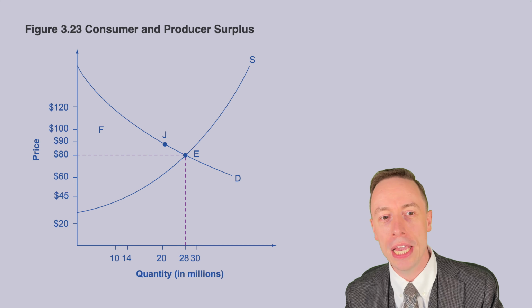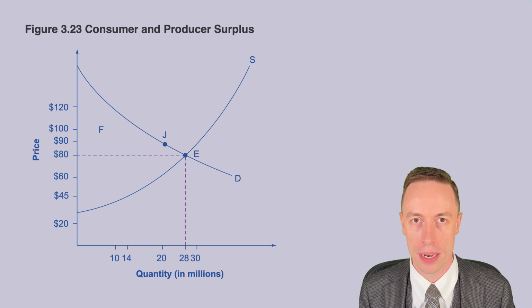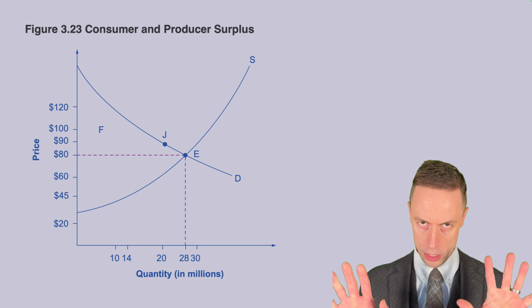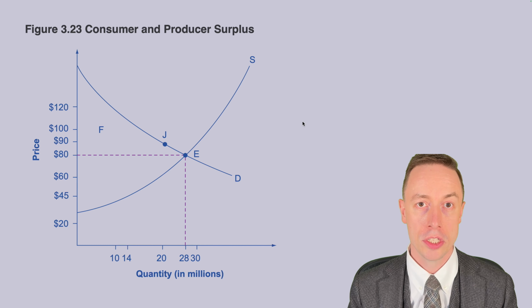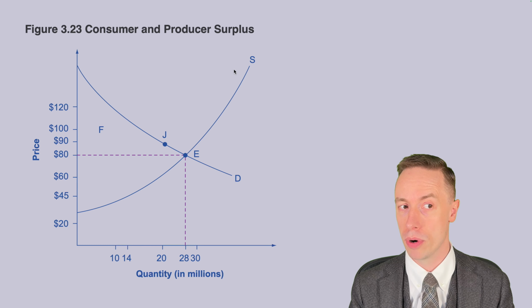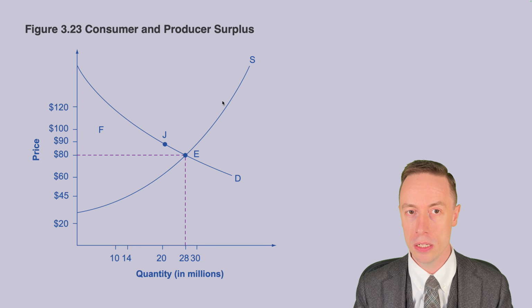Let's do the same thing for our sellers. So again, let's look at our supply curve. Lots of potential sellers here. Some have a reservation price higher than $80. They don't even sell. Lots of other ones, they are selling the product.